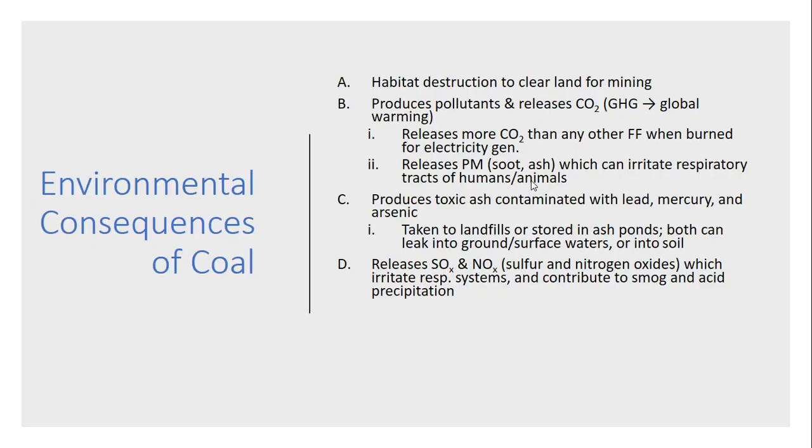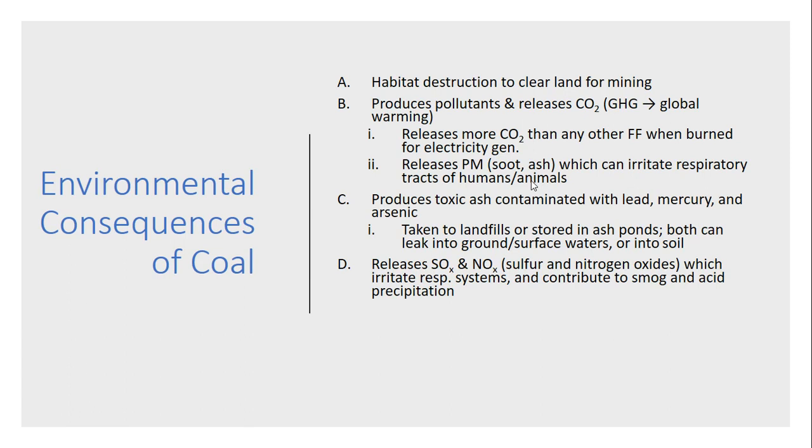Now, once again, some environmental consequences of using things like coal. We know that it can destroy habitats since we have to mine for coal. In the combustion, it produces greenhouse gases. It can also produce particulate matter such as soot or ash that can act as an irritant in your respiratory tract. It will produce trace metals such as lead, mercury, or arsenic.